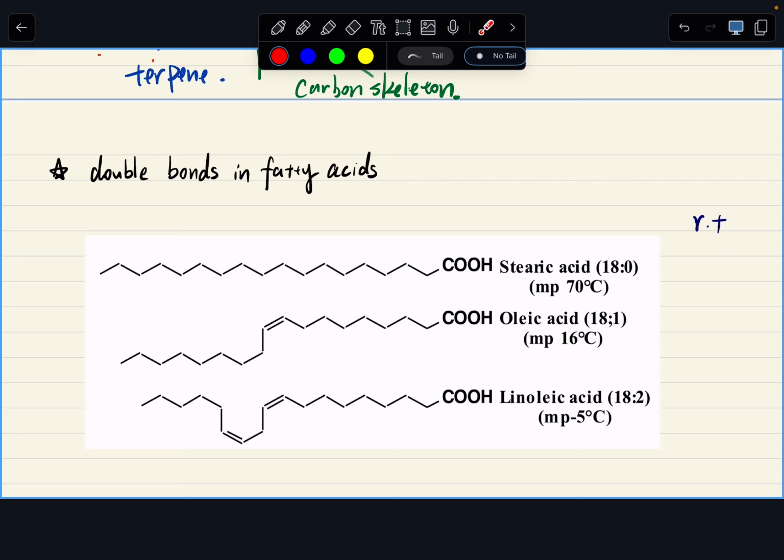I'm trying to make a link to your actual observation. For example, stearic acid, the fully saturated acid, is generally solid at room temperature, but oleic acid is a fatty acid that's liquid at room temperature. All right, so these are all the fundamentals of alkene containing species.